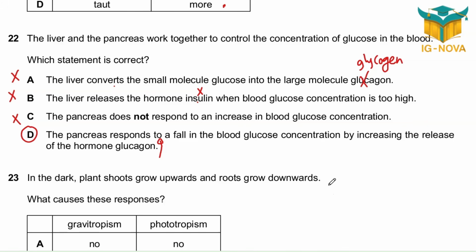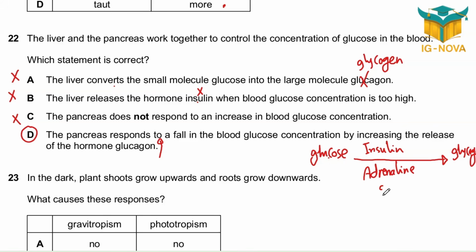I do agree. Don't forget that we have equation between glucose and glycogen. From glucose, we can prepare glycogen in the liver by the help of insulin. From glycogen, we can get glucose by the help of adrenaline or glucagon.